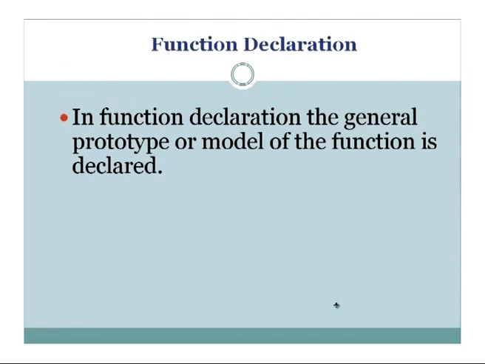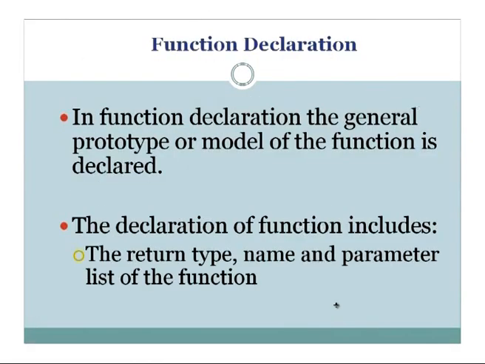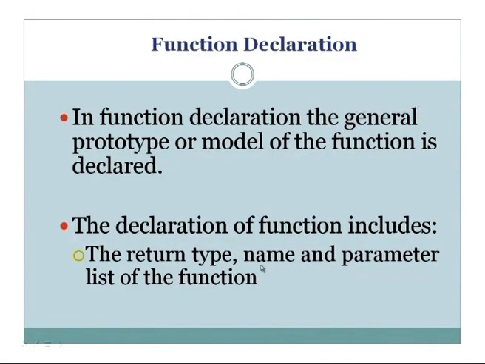Function declaration. In function declaration, the general prototype or model of the function is declared. The declaration of a function includes the return type. What is the return type? It will be discussed later on. It also includes the name of the function and the parameter list of the function.